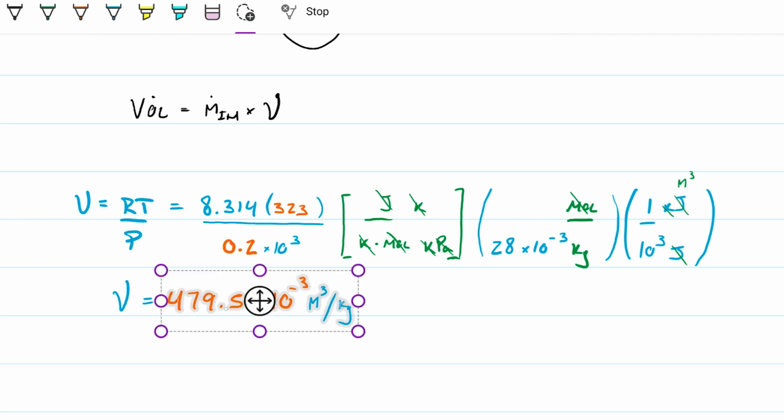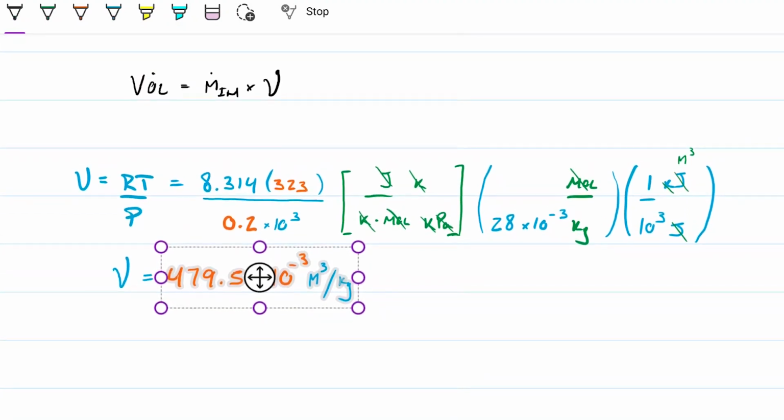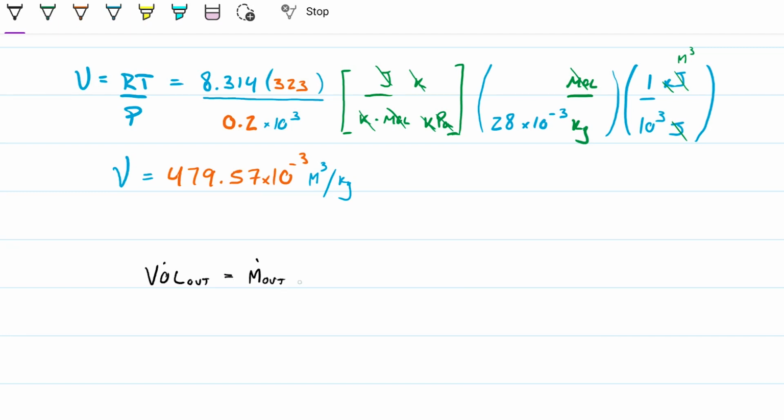So I'm going to note that the volumetric flow rate out will be equal to the mass flow rate out times specific volume. And the other thing I can relate, if I want to, is that because the specific volume and the volumetric flow rate are related, I can also do a ratio between the two.